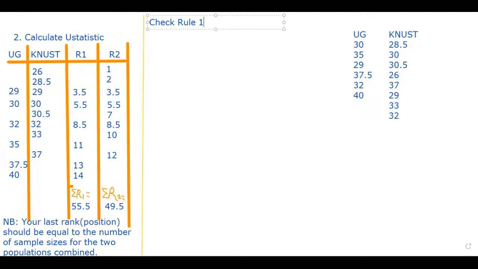You get it? Okay, so this is the formula. R1 plus R2 should be equal to n times n plus 1 divided by 2.